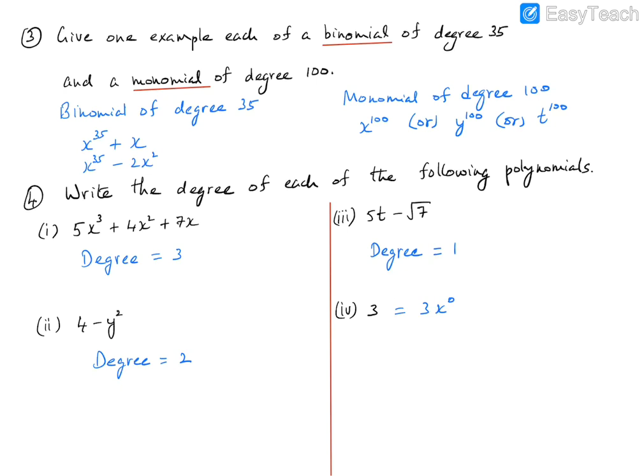So this is a degree 0 polynomial. So degree equals 0. We could have used any variable of our choice, x or y or z or t or u, whatever. Either way, the power of the variable is going to be 0, and the highest power is 0, and therefore the degree is going to be 0.